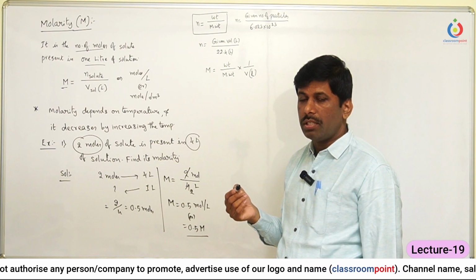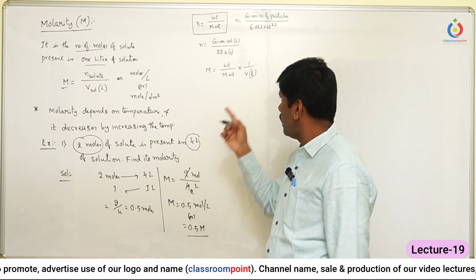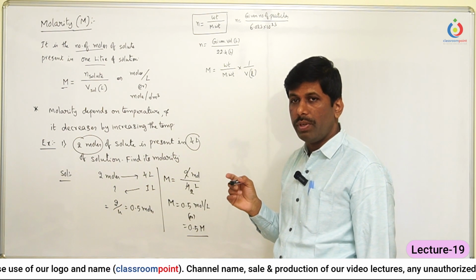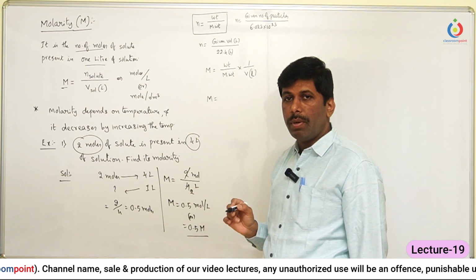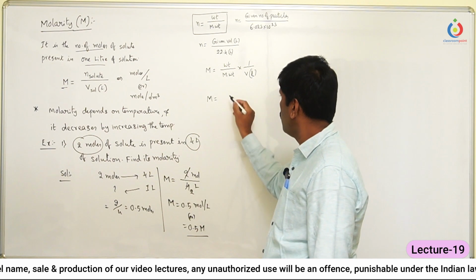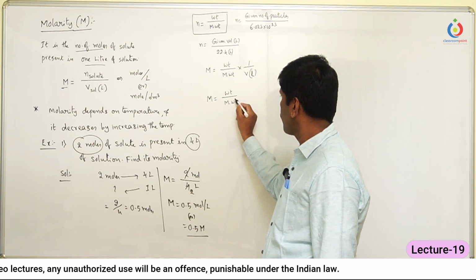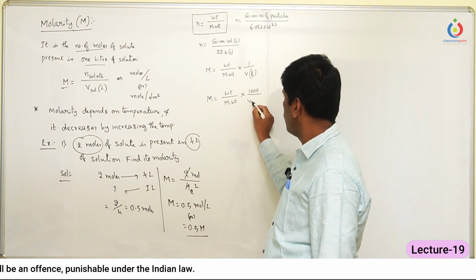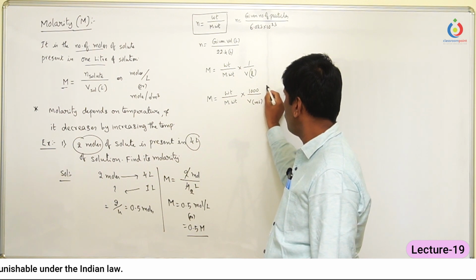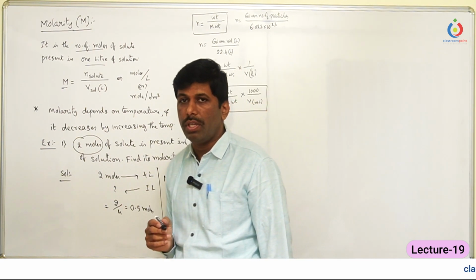Then in such cases, we know that 1 liter is equal to 1000 ml. Then multiply this value with 1000. So we can use the volume of the solution in milliliters also. So molarity equals weight of solute divided by molecular weight of solute into 1000 by volume of solution in milliliters. So usually we use this formula in solving most of the questions.